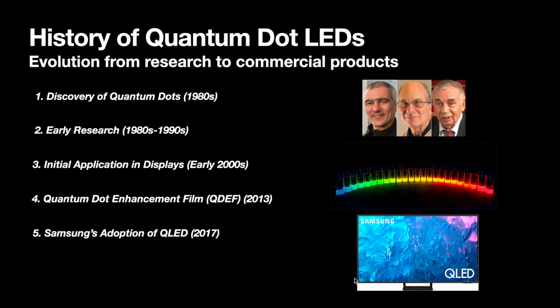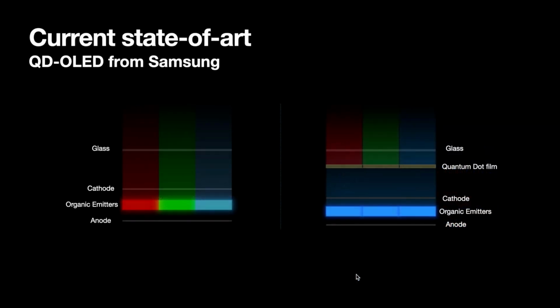Then 4 years later, in 2017, Samsung came out with their first commercialized quantum dot LED, what they call QLED. The current state of the art is quantum dot OLED from Samsung. On the left is OLED structure as we discussed before, and on the right is quantum dot OLED.